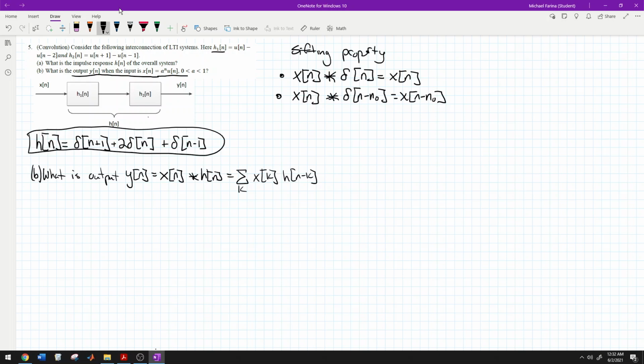Rather than go through all this convolution, we can make life easier by applying some sifting properties here. So if I copy this, Control C, put that there, let's change out h of n, how we have it defined, which is x of n convolved with delta n plus 1 plus 2 delta of n plus delta of n minus 1.